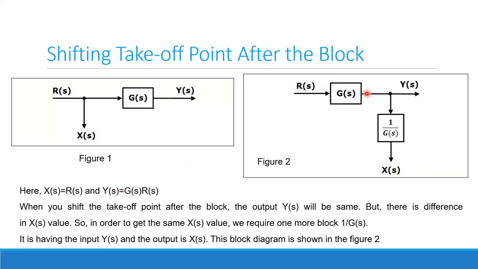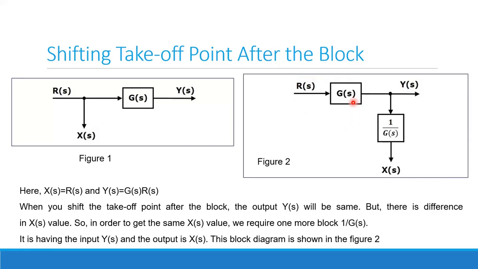Let us take the takeoff point after the block. Okay, so we have put the takeoff point after the block. Now if you put the takeoff point after the block, it is now making changes to the diagram. That change is nothing but R(s), which is given to G(s) as original signal. It remains same.